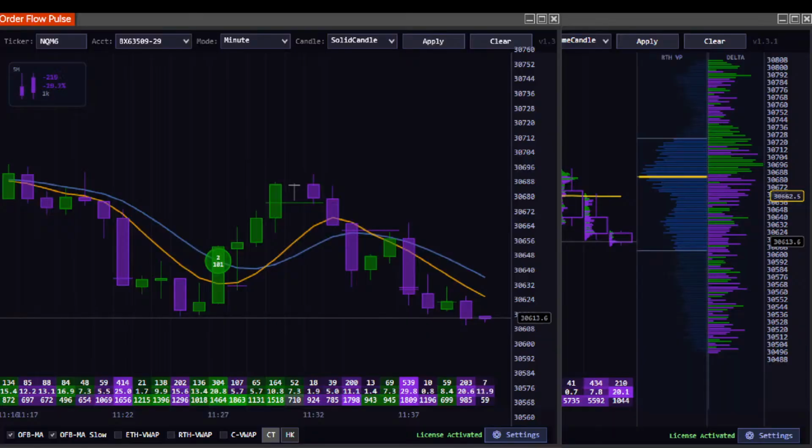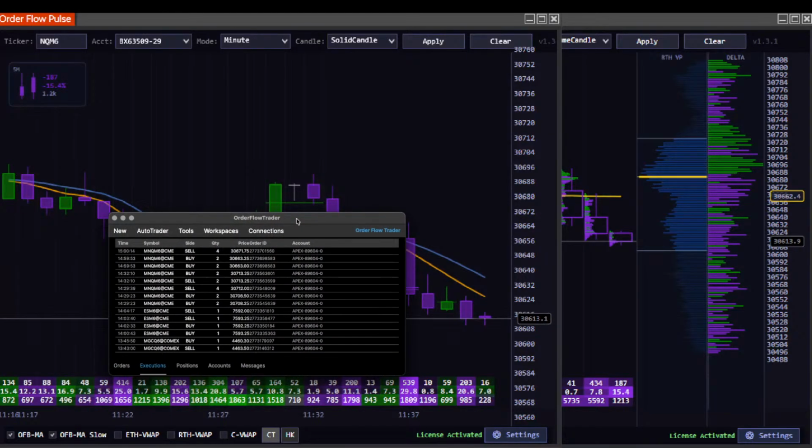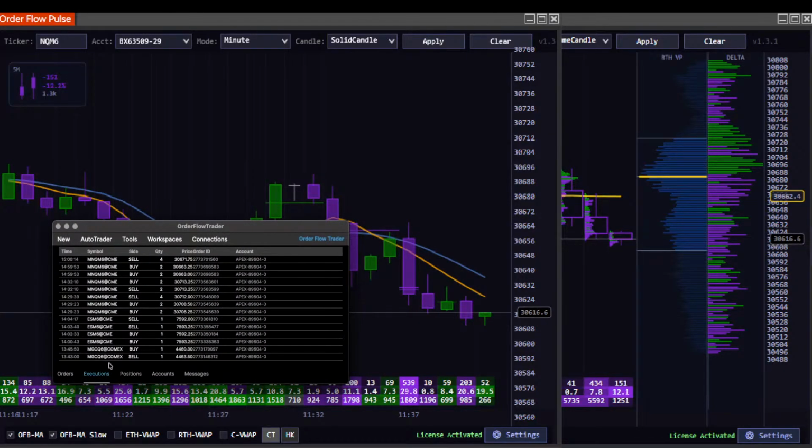I'm testing it on the micros. But here, I'll show you some of the executions. The gold, see, here's some executions that it did. The gold, I think it was something like a 3 point profit. The ES, I can't remember if that was my auto trader.